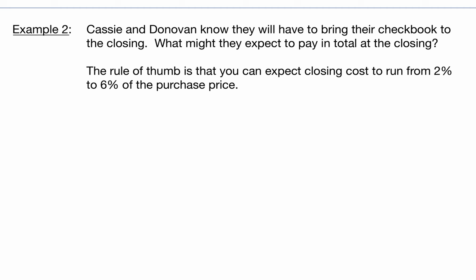Okay, now the rule of thumb is that you can expect closing costs to run from 2 to 6% of the purchase price. So we would take 600,000 and multiply that by 2%. That's going to work out to $12,000.